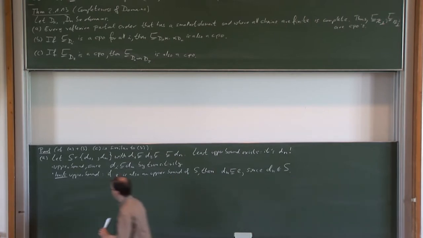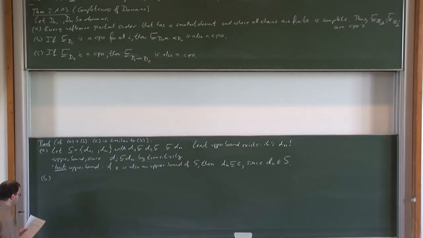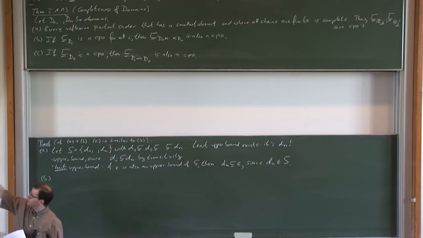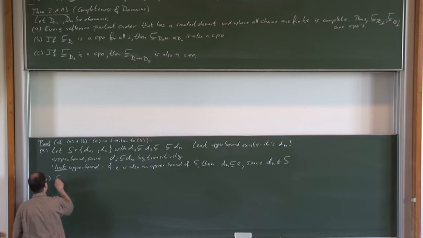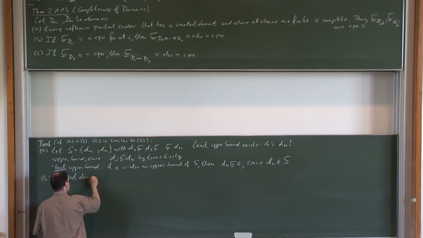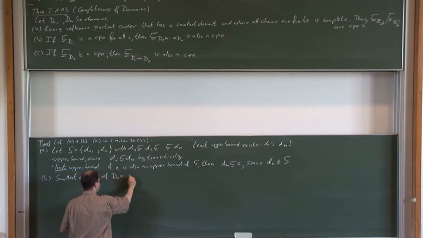Now, how does this work for product types? Now we look at the domain D1 cross D2 cross Dn, and we have to prove that these two properties are fulfilled. Now the smallest element of D1 cross Dn.